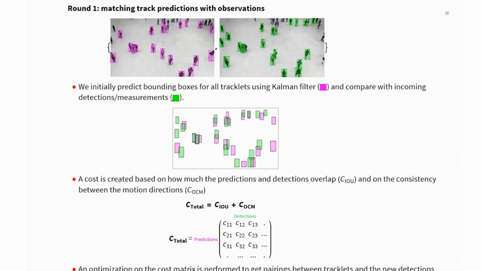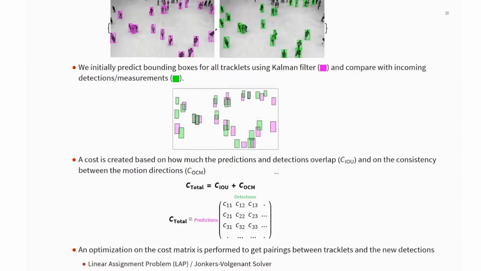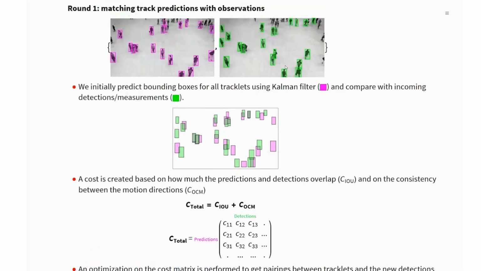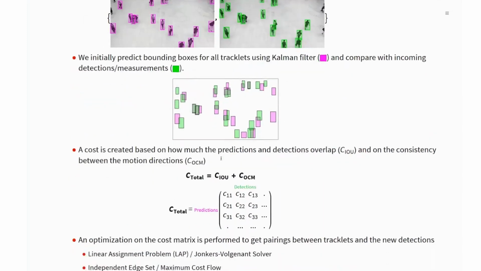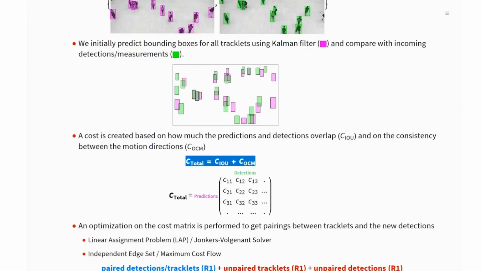In the first round, we have a given set of predictions shown in magenta, and objects that are being detected shown in green. We want to associate our predictions with the detections. One way is to look at how much of the predictions overlap with the green boxes. Using this overlap, and the direction in which the objects are moving, we can construct what we call a cost matrix.